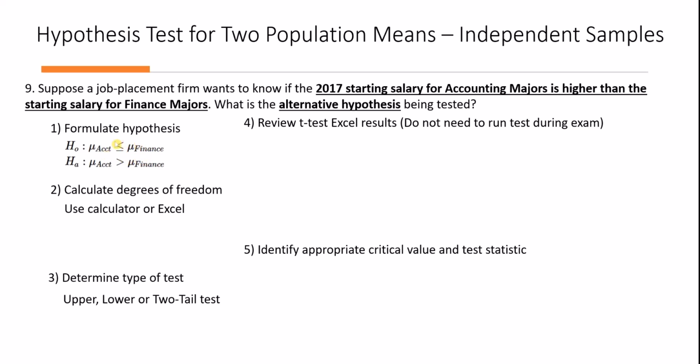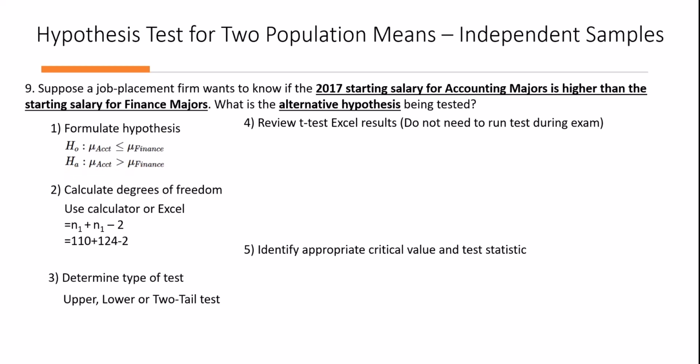Remember the equality sign, which will always be in your null hypothesis. And then our alternative hypothesis is that the population mean for accounting majors is greater than finance. In the story, it says accounting majors' starting salary is higher than finance majors', so that's going to be your alternative hypothesis.